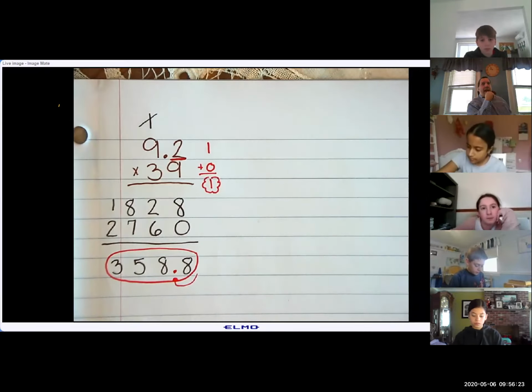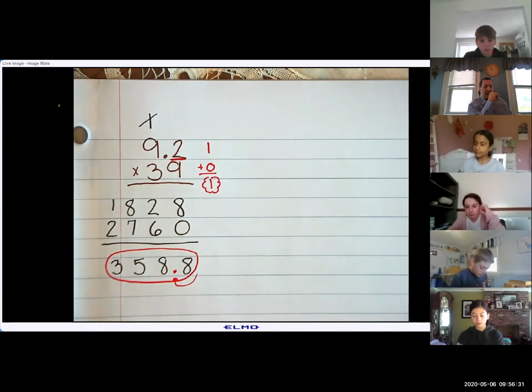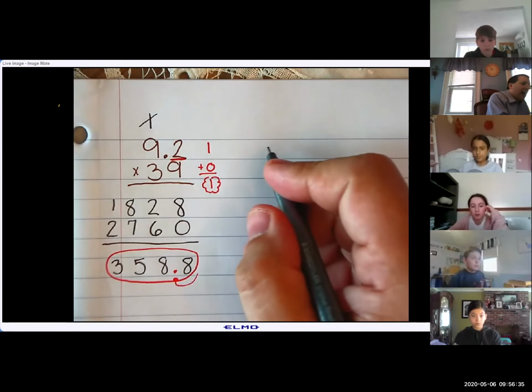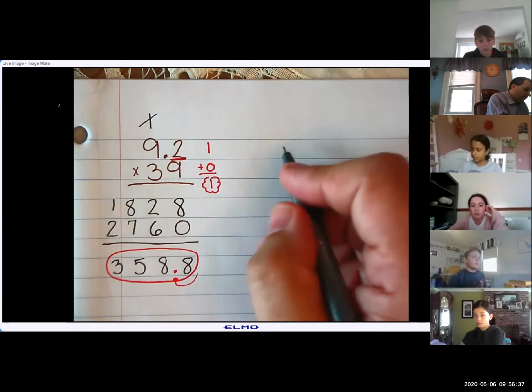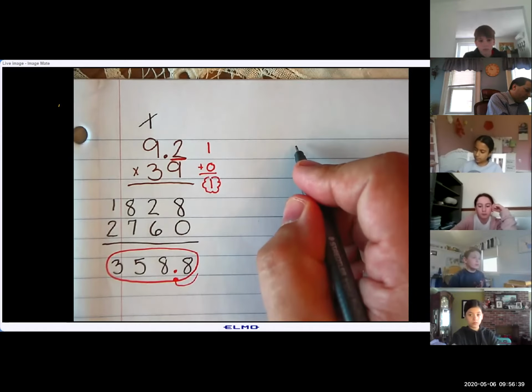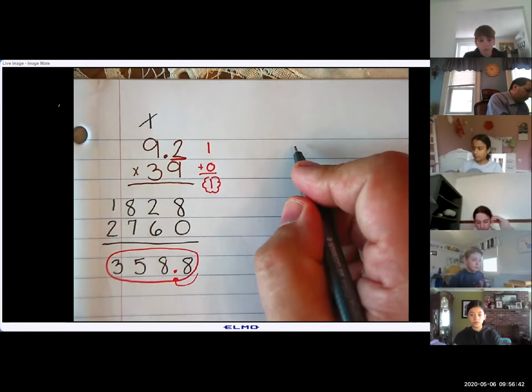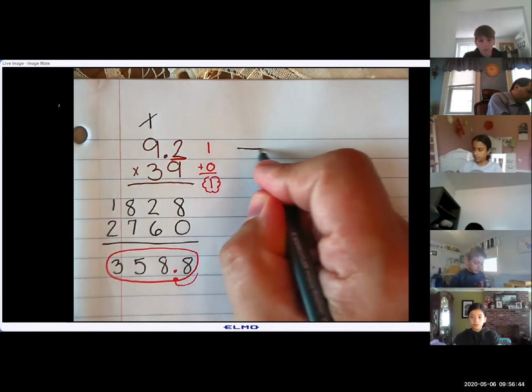Now, how do I estimate? Noel, how would I estimate this? How? Okay. So what you do is you round 9.2 down to 9.